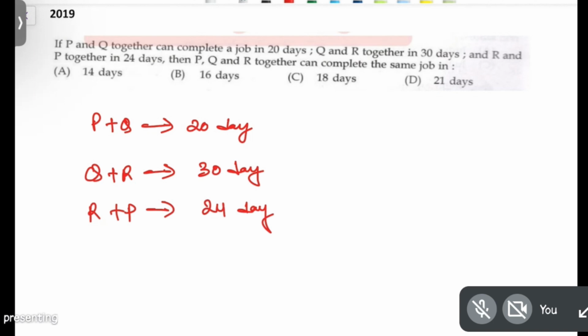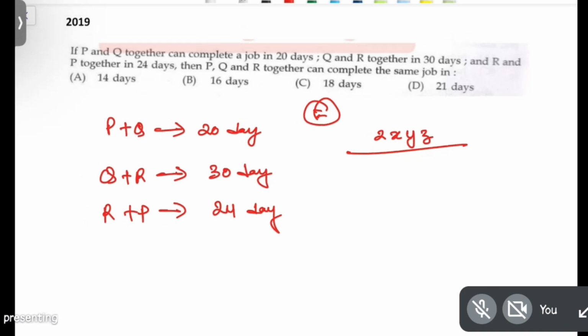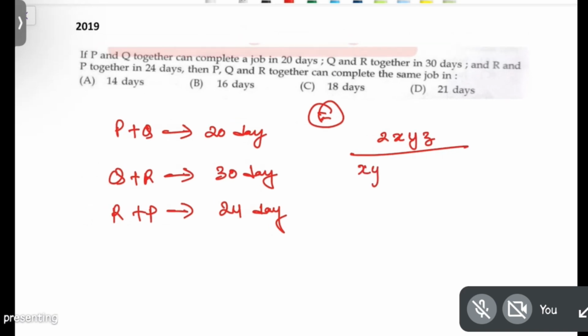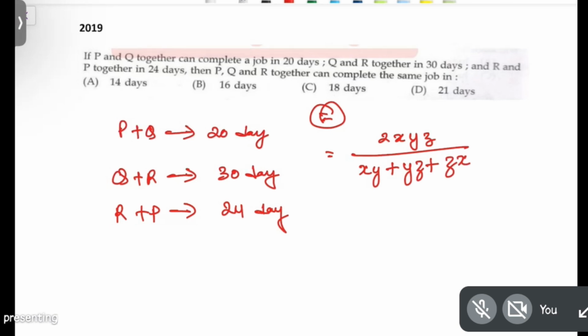What was the formula that we have? The formula approach, okay? By formula approach, the formula was 2 times of x, y, z divided by, you take 2 to each, starting from xy plus, next is yz plus, next is zx. It's an easy formula to memorize.